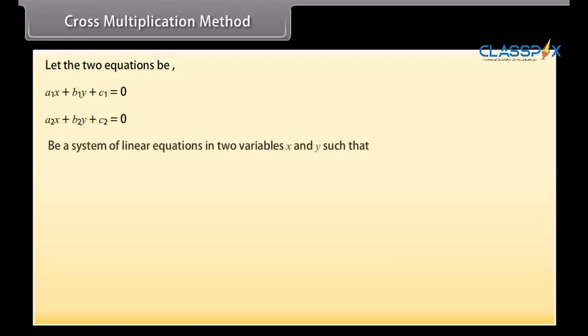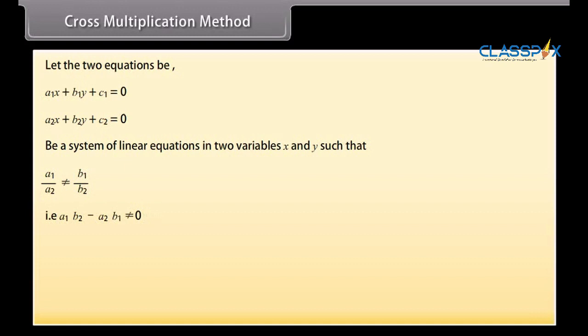Cross multiplication method. Let the two equations be a1x plus b1y plus c1 is equal to 0 and a2x plus b2y plus c2 is equal to 0, a system of linear equations in two variables x and y such that a1 upon a2 is not equal to b1 upon b2.